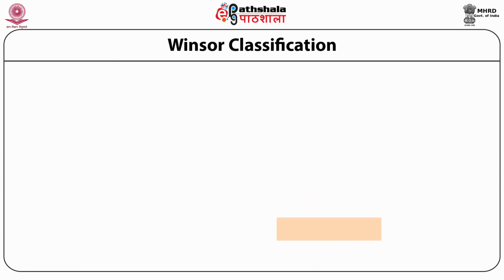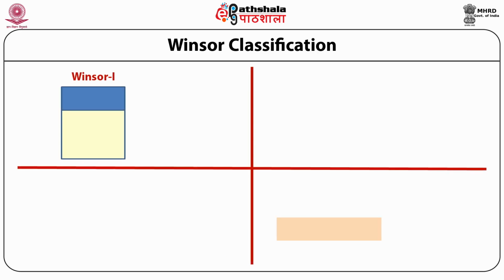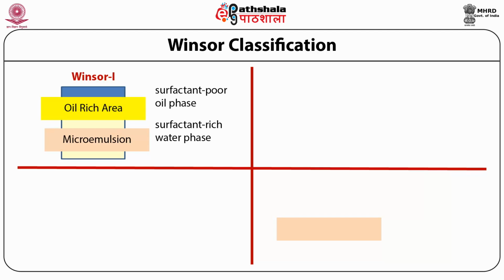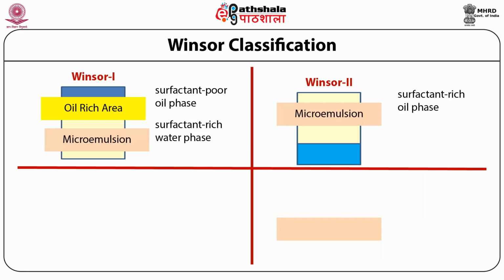Now to further understand the Winsor classification system, Winsor 1 is an area consisting of not only the microemulsion region but also a region specified as an oil rich area. In Winsor 2, we obtain a microemulsion area but also a small water rich area, called a surfactant poor water phase.